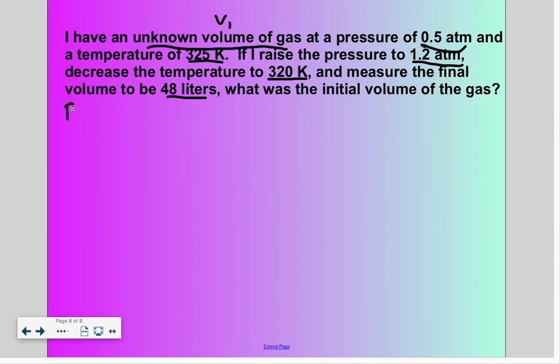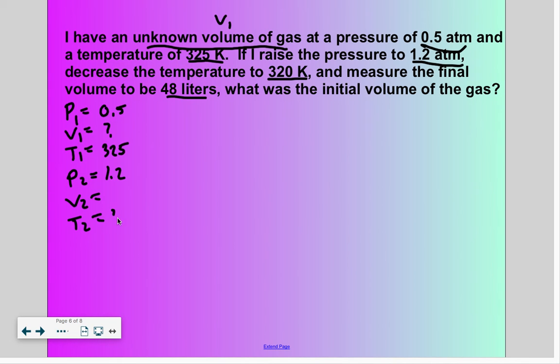You'll also notice that it has all the variables, so P1, V1, and T1. And we got P2, V2, and T2 as all of our values there. And so we can start kind of filling stuff in. So our initial pressure is 0.5. Our initial volume is our unknown, which is different. We have 325 K. Our final pressure is 1.2 atmospheres. It increased.